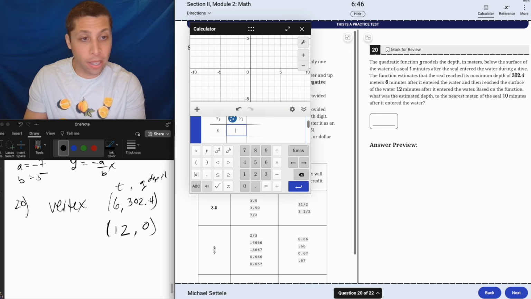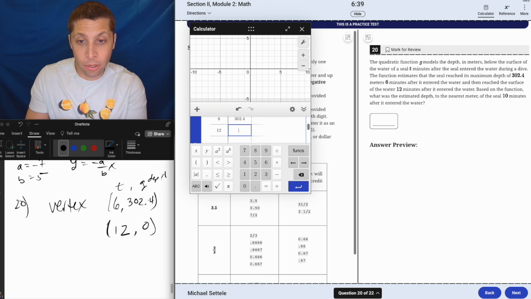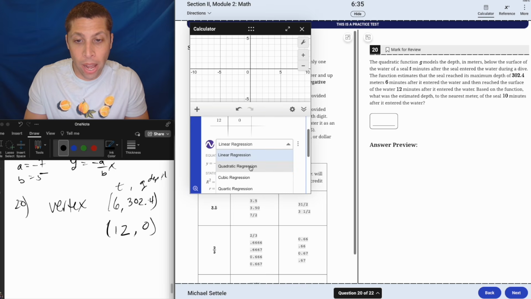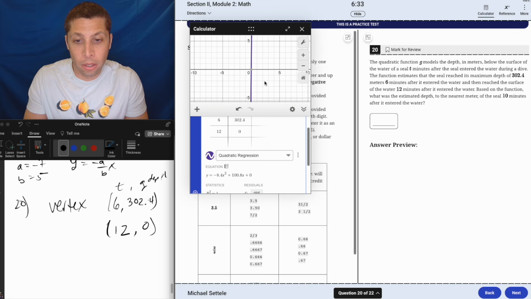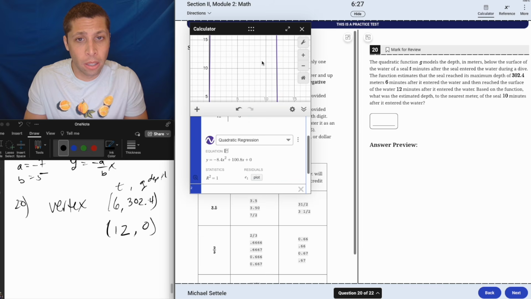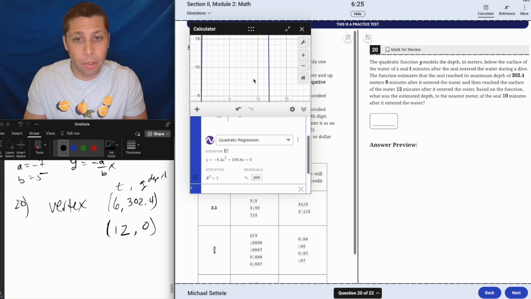Right, so these are the points, 6, 302.4, and 12, 0. And then I'm going to hit this thing, and we want a quadratic regression. So that's what it's doing. I don't know what's going on 10 minutes after it entered the water. So it's clearly very high up.